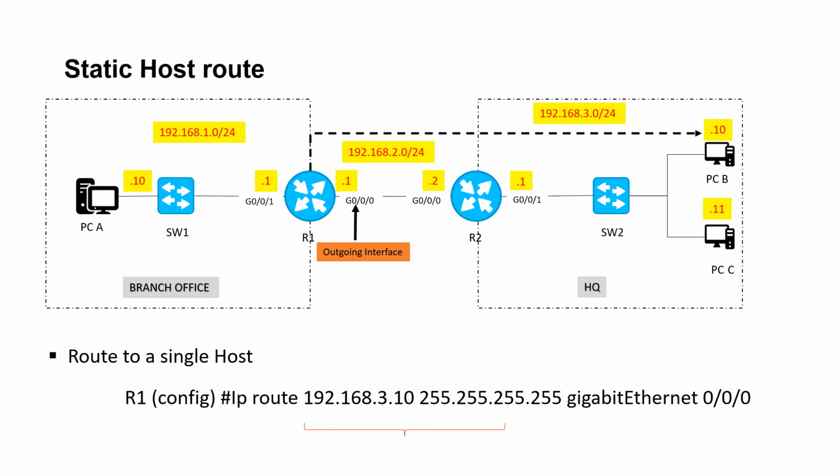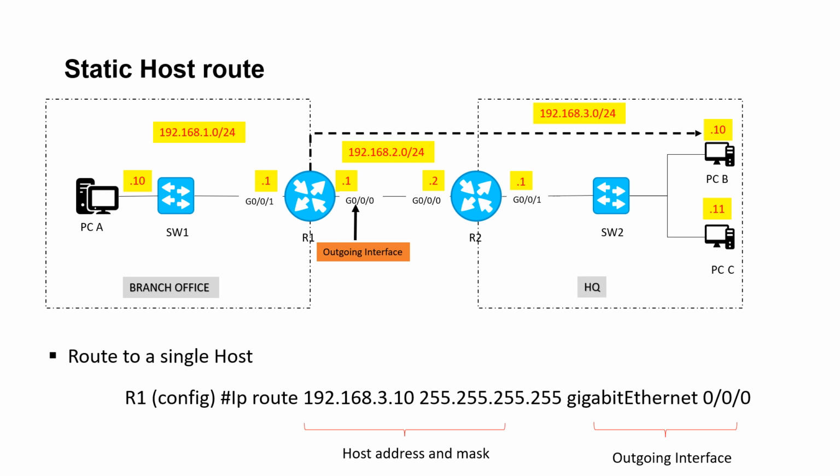For example, if you want to create a static route for the host 192.168.3.10, then the destination host ID and the subnet mask will be 192.168.3.10, 255.255.255.255.